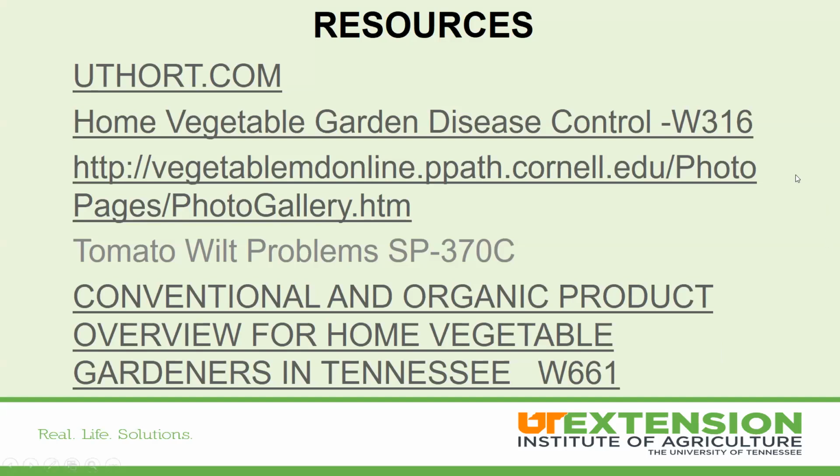I also used the publication Home Vegetable Garden Disease Control, number W316, to help you identify what may be going on with your plants. One of the recommended sites is from Cornell. It's Vegetable MD Online. It's a great one that will help you identify what you may have going on.